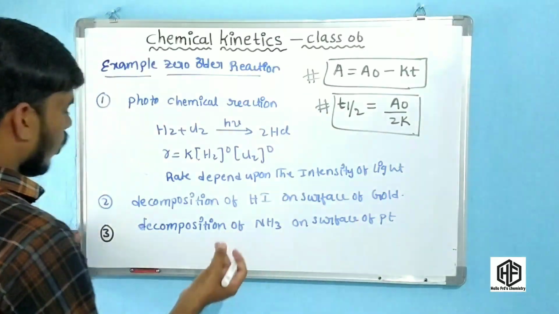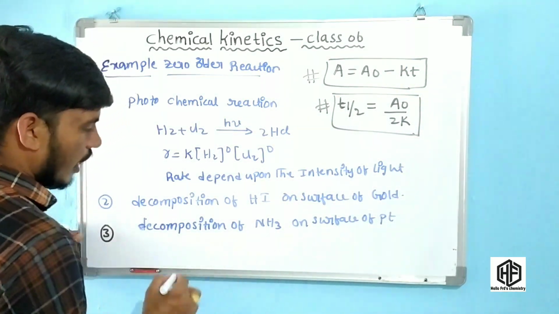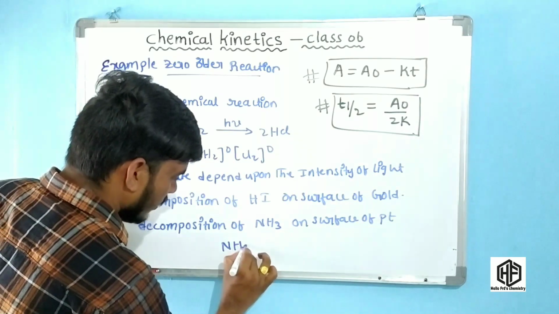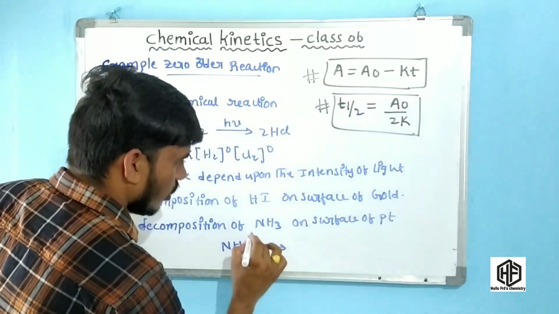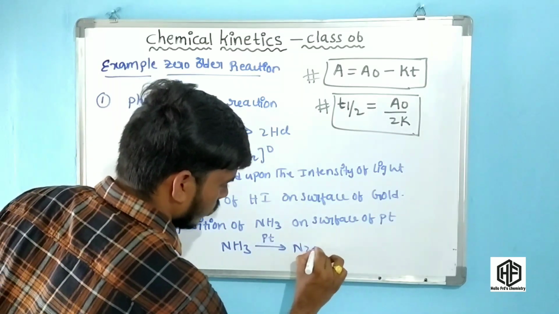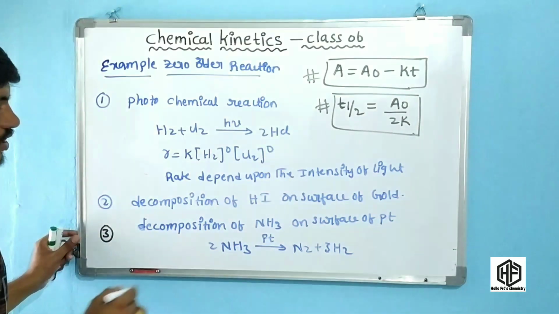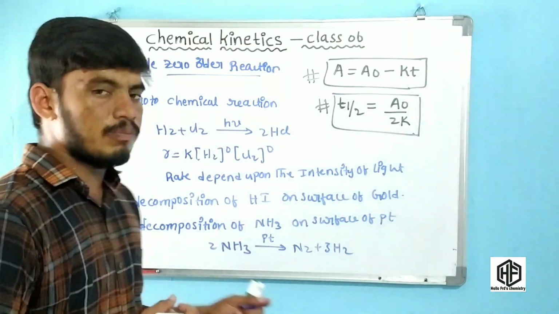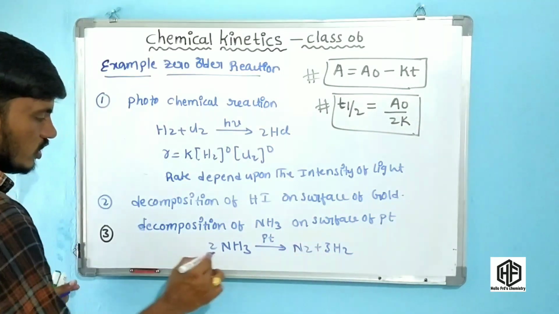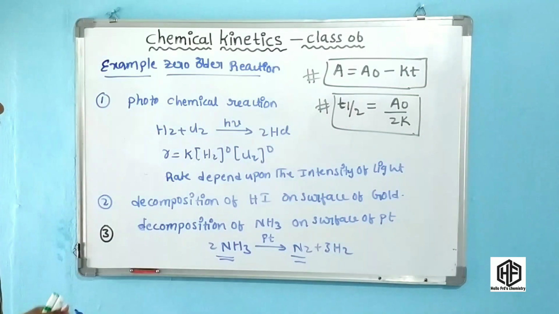That is one more important example. And NH3 decomposes on the surface of platinum, at high pressure, to form N2 plus 3H2. This is one more important example of the zero order reaction.